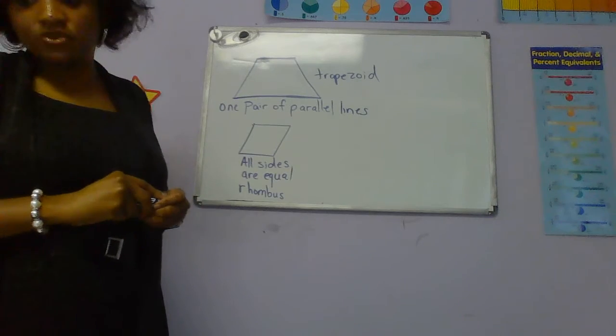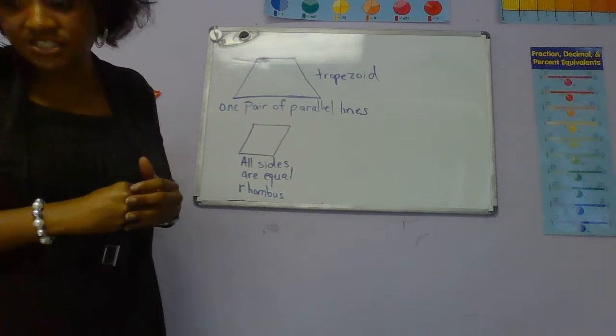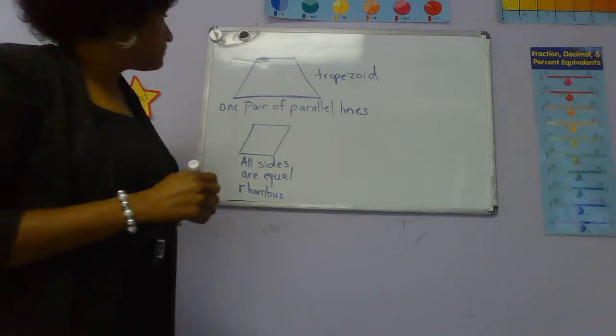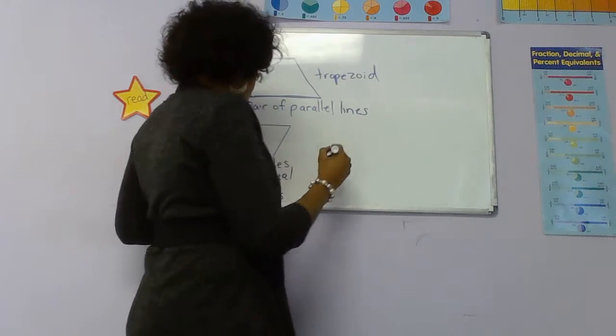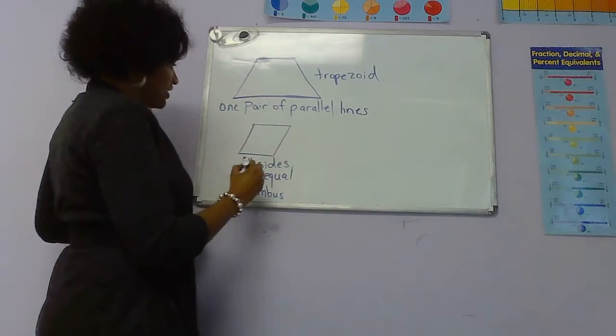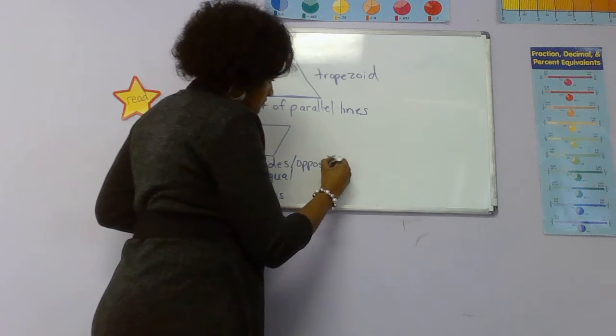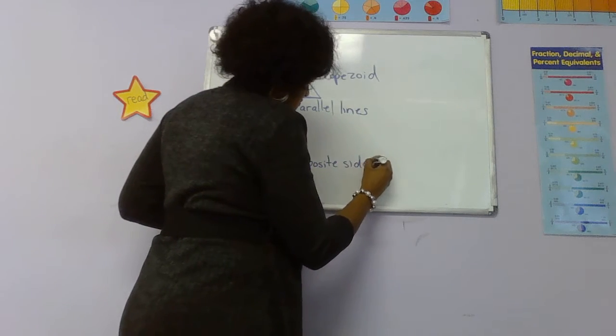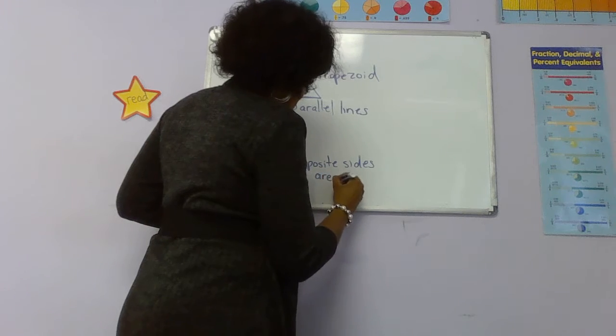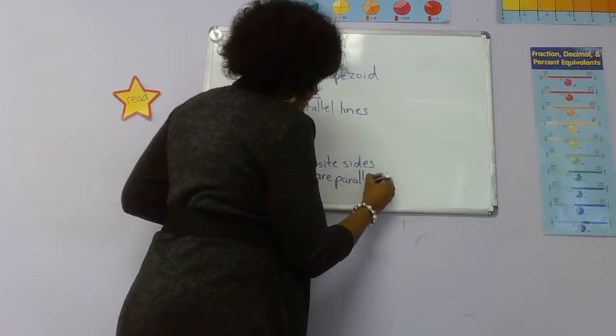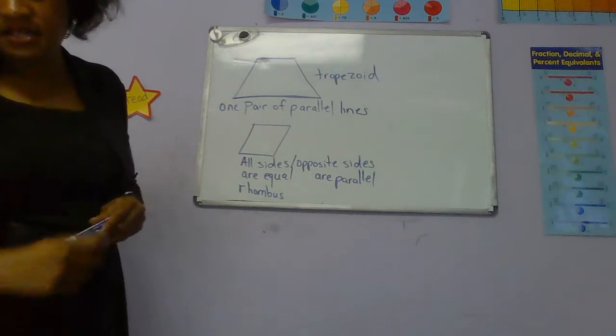Sides don't have to be equal, but they could be because, like I said, there are isosceles trapezoids. Rhombus, okay, all sides are equal and opposite sides are parallel. So that's something else to know about a rhombus.